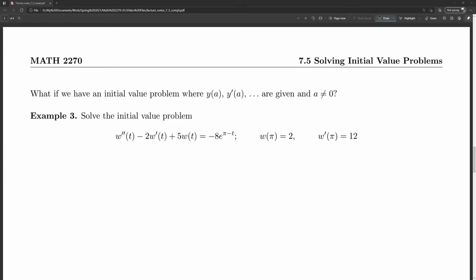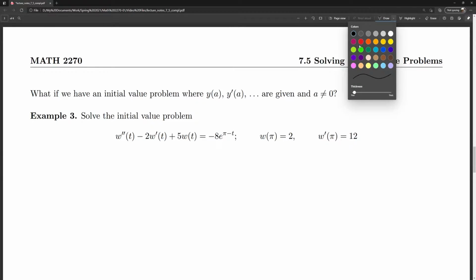transform the function w as follows. So it's basically a substitution.